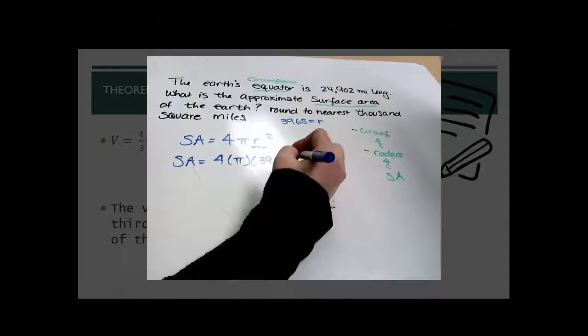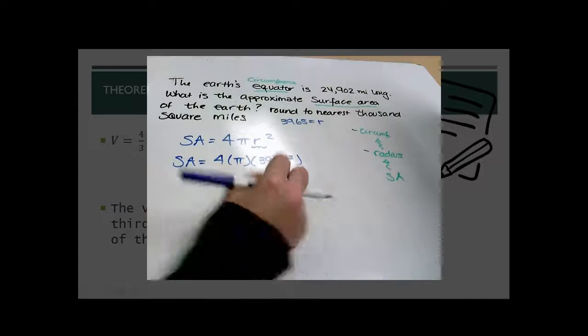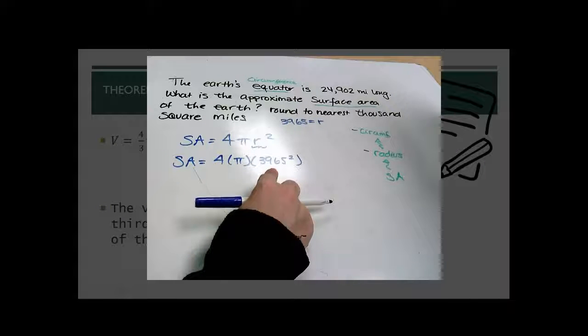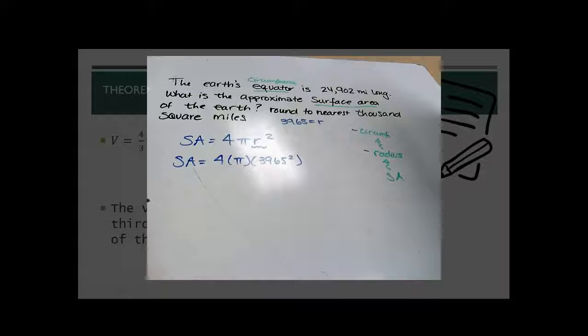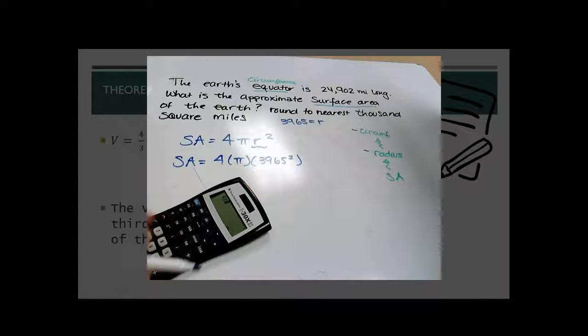3965 squared. And a lot of people will wonder, well, why did you suddenly start writing those in parentheses? It was just my way of making sure that I broke the pi away from the radius squared. So again, that's easy, straightforward calculator work. I can take my calculator and I can plug in 4 times pi, and then I can take that answer and multiply it by, oops, I take that back.